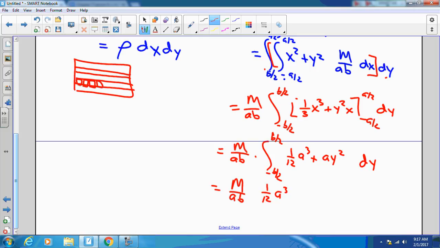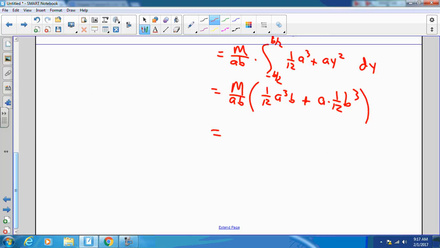When I integrate 1/12 of a cubed from negative b over 2 to positive b over 2, I get 1/12 a cubed b. And when I integrate y squared from negative b over 2 to positive b over 2, then I'm going to get 1/12 of b cubed.